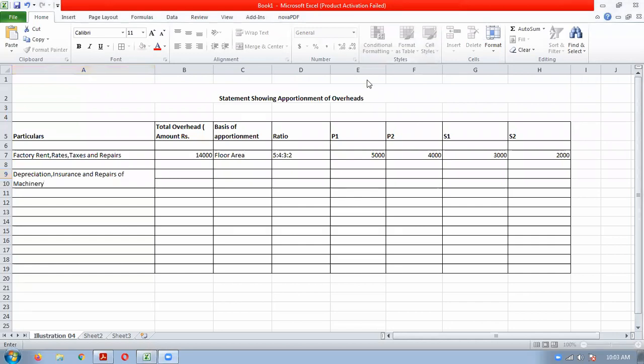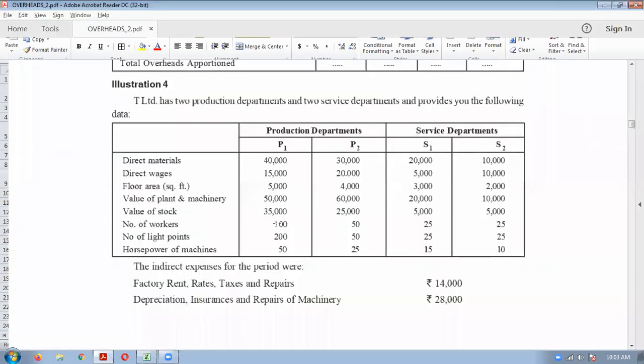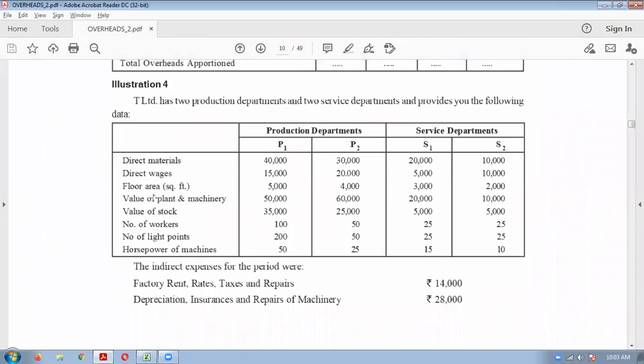Which base can you use for allocating, apportioning this depreciation, insurance, and repairs of machinery out of this floor area?